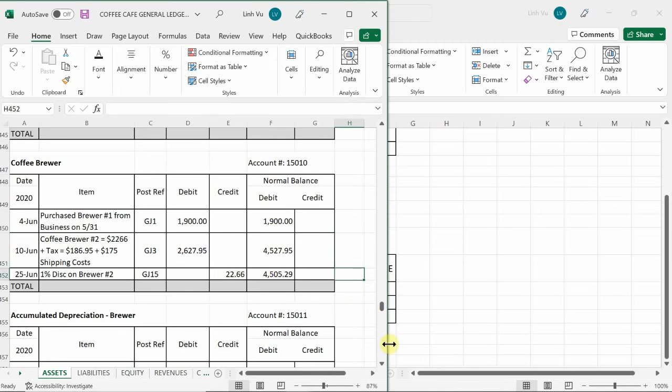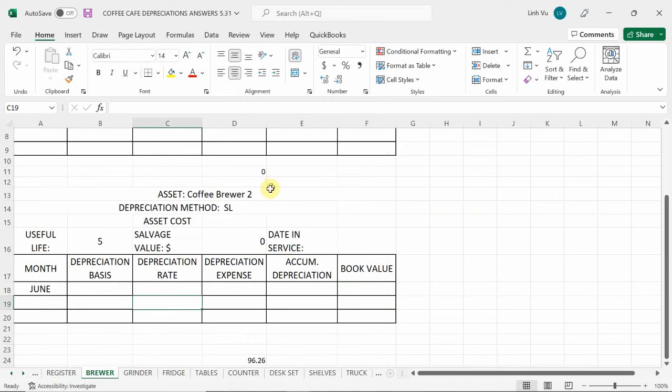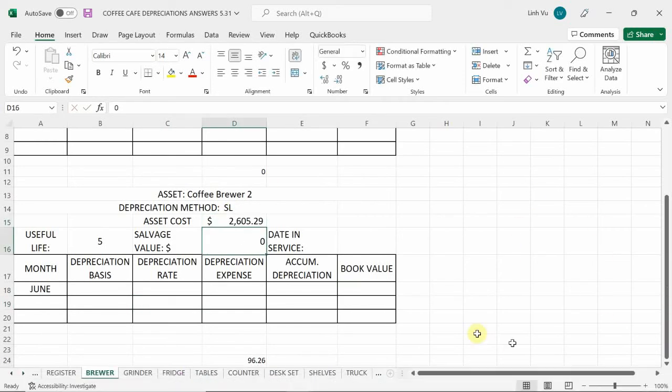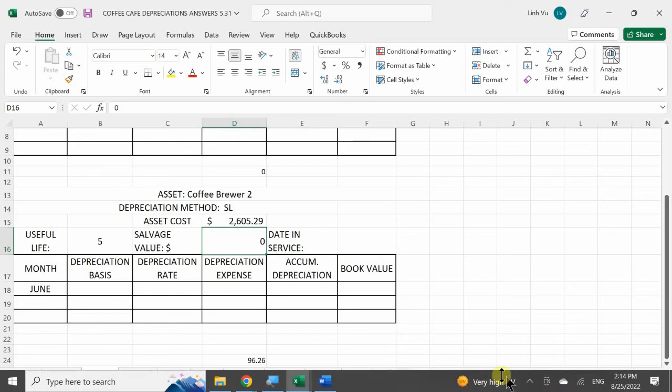The difference is 2605.29. Okay, 2605.29. $2605.29, you said?